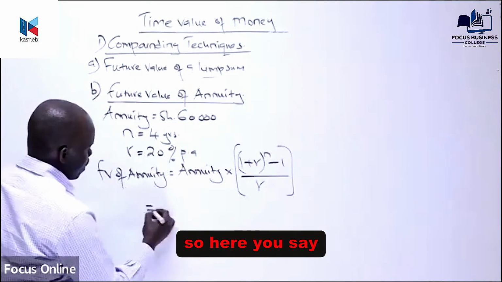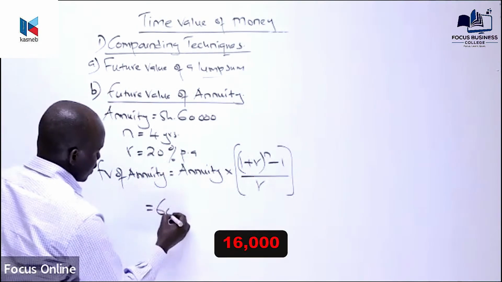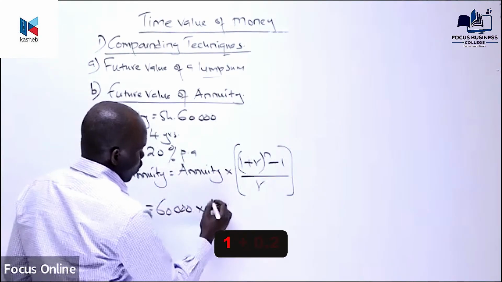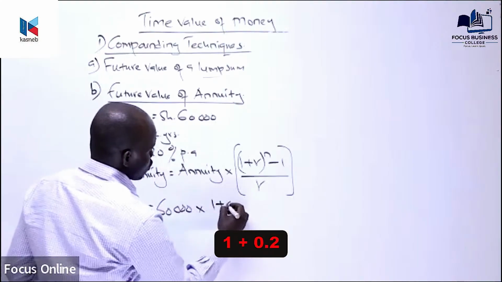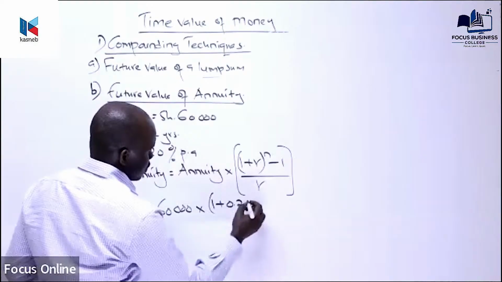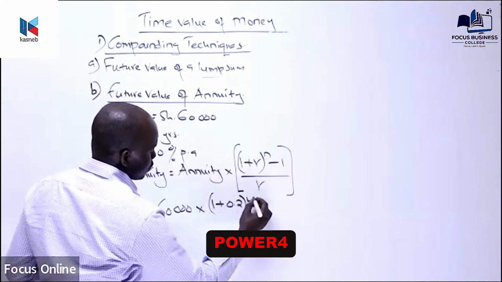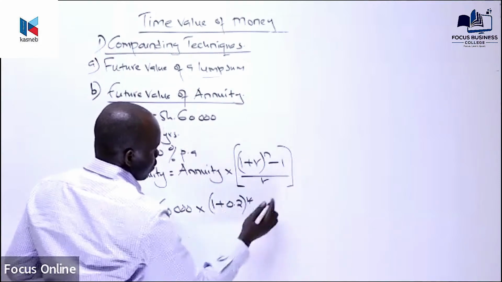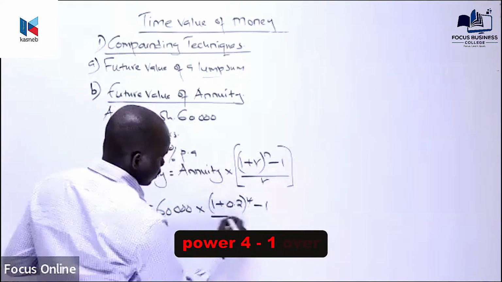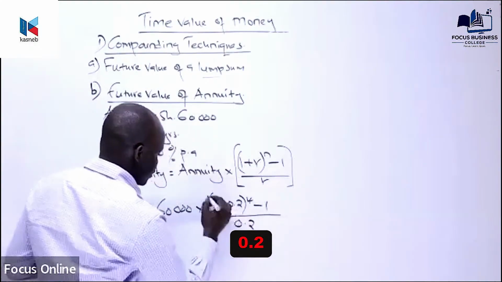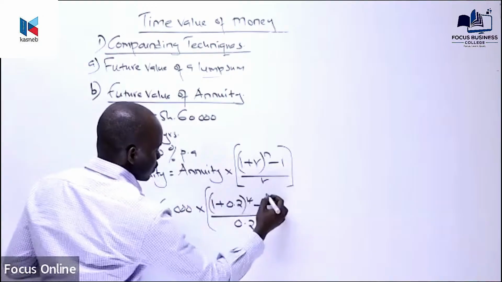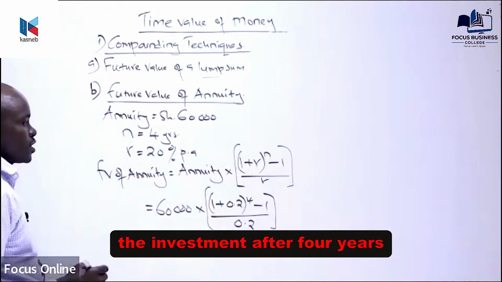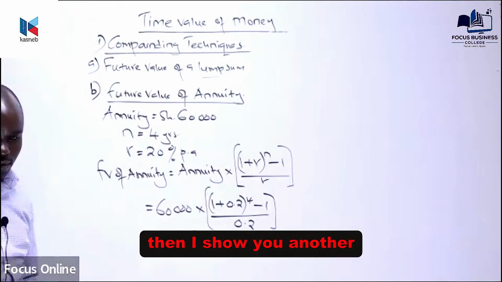So here you say 60,000 times 1 plus 0.2 power 4, minus 1, over 0.2. So get the value of the investment after 4 years. Then I show you another way of doing it.